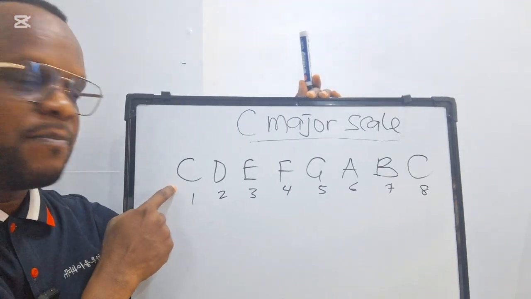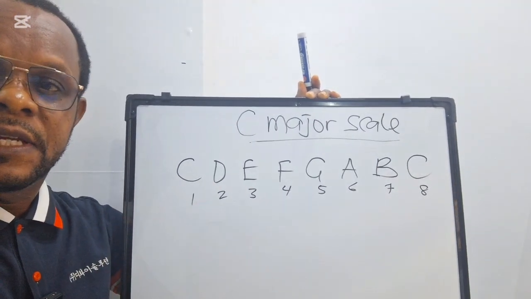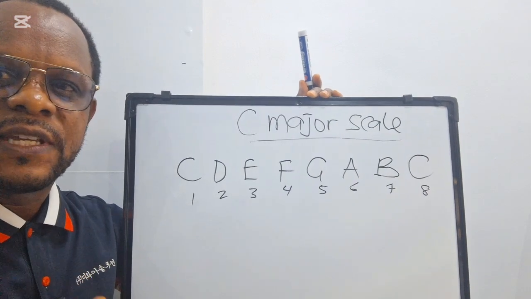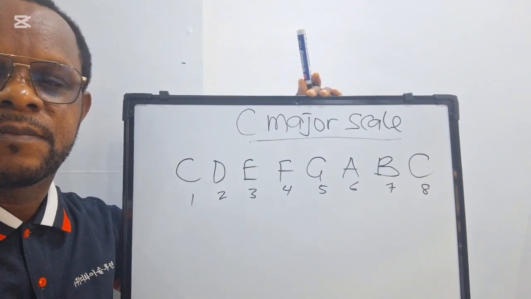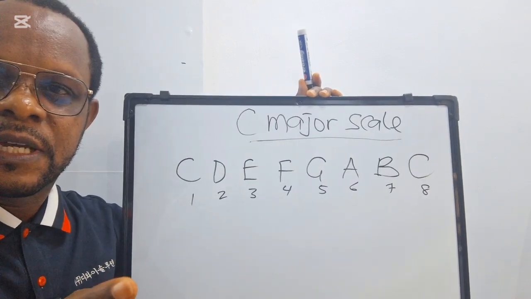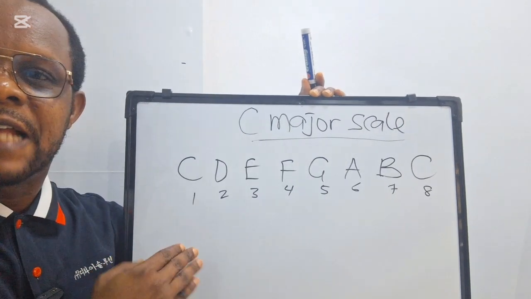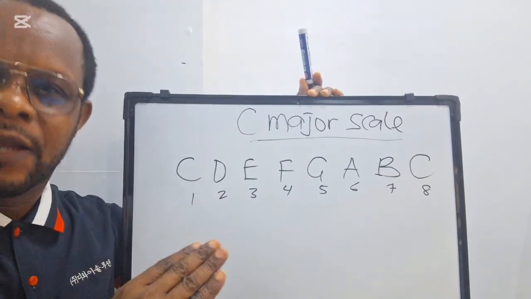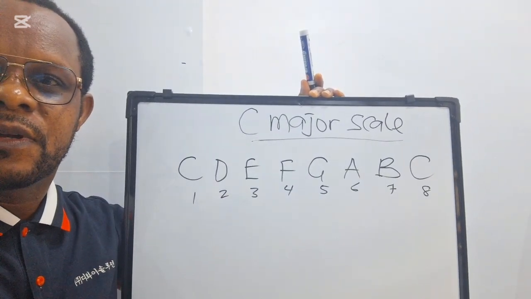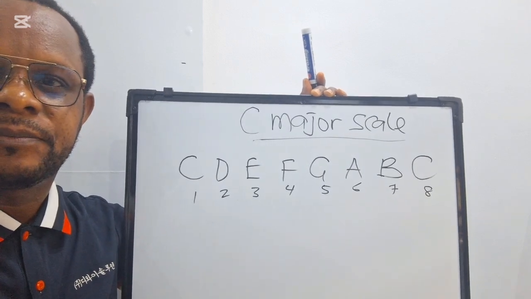This is the C major scale. You see, the C major scale is seen as perfect. That's because the tones and semitones are well arranged, perfect in order.